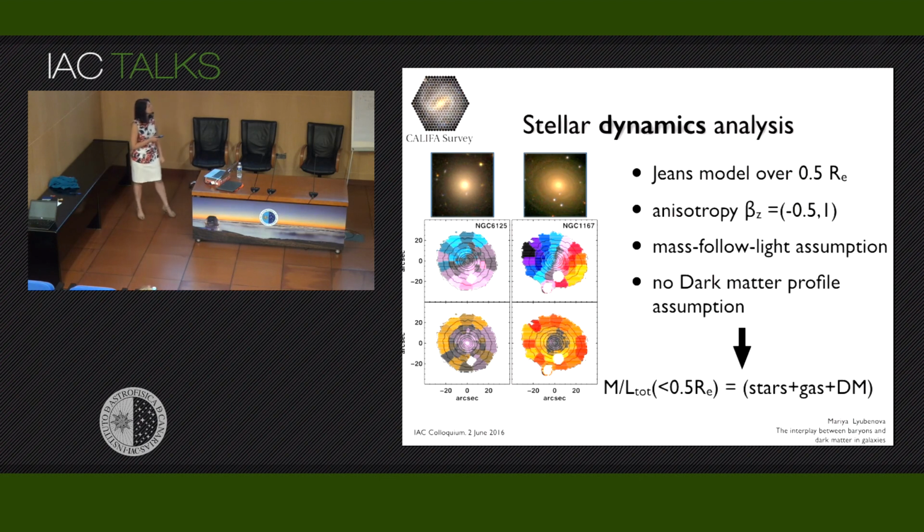contribution from dark matter. So we allow the velocity anisotropy to vary in these galaxies, in this modeling, but we kept it constant over the galaxy, and we made a mass-follows-light assumption, so constant mass-to-light ratio throughout the complete galaxy. And we are aware that this is one limitation of our approach.